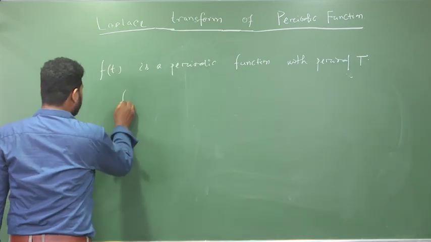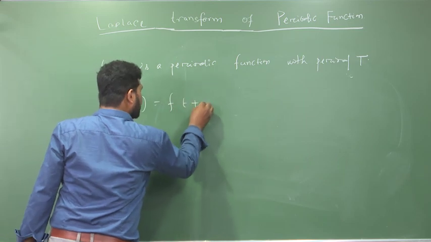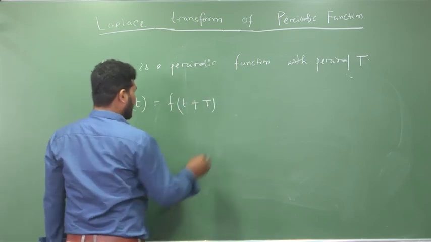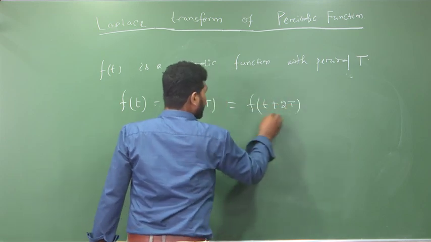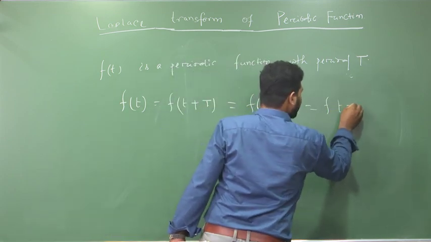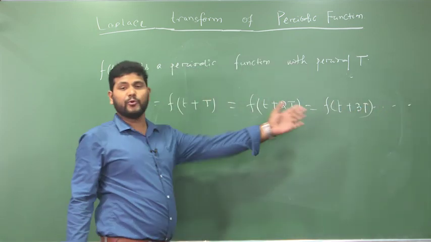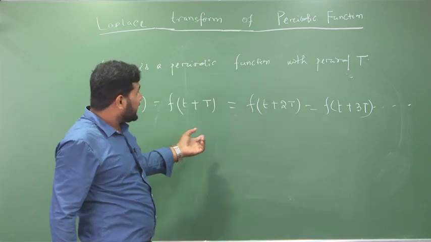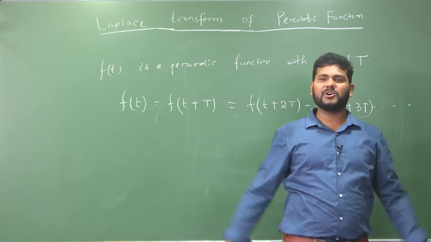So we can write f of t equal to f of t plus capital T, again f of t plus 2T, again f of t plus 3T, and so on. Whatever time you wait, after each T seconds you will find the same functional behavior.